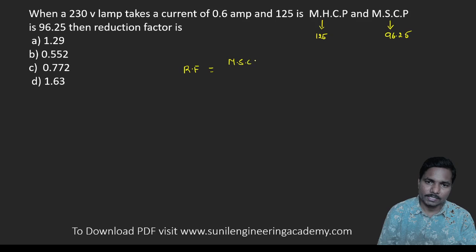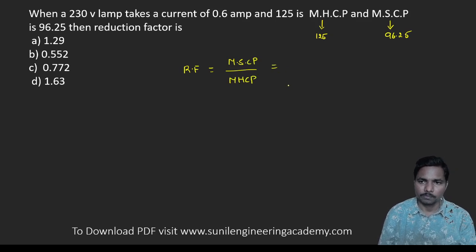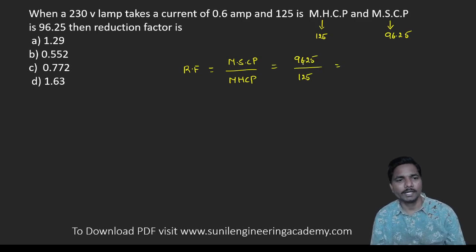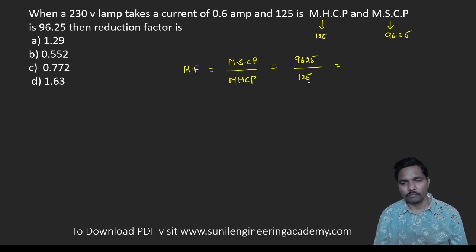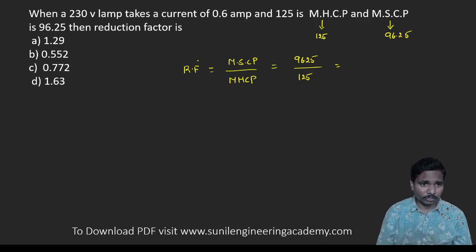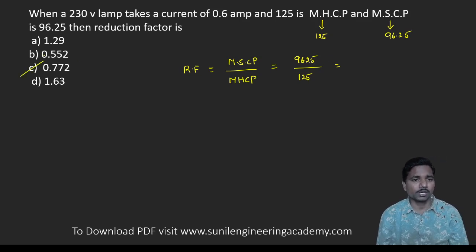So it is MSCP by MHCP, a simple way to remember. 96.25 by 125: let us take it as almost 100 by 125, then 4 by 5, very near to 80. We have one option very near to 80, so the answer is option C.